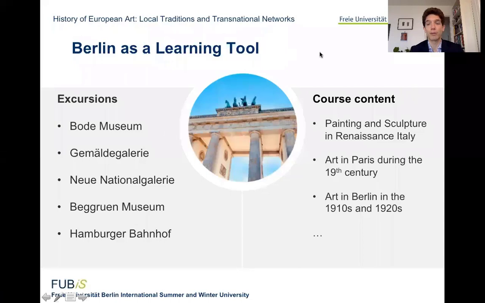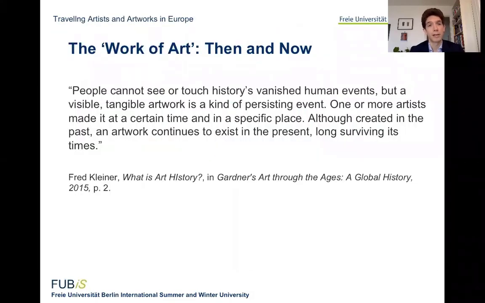And it is exactly to stress this very peculiar nature of the work of art that I would like to start my lecture with this quotation from Fred Kleiner, an archaeologist and art historian at Boston University.